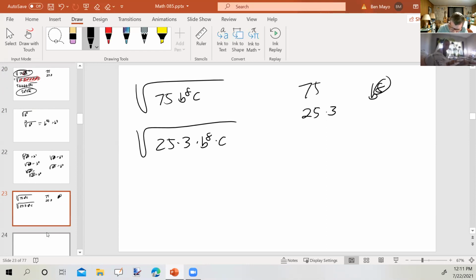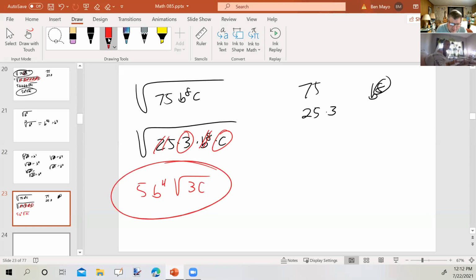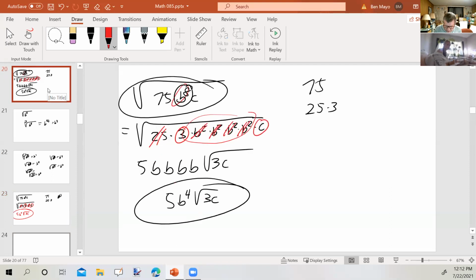Now, the square root of 25 is 5 on the outside. The square root of 3 doesn't go anywhere. The square root of b to the 8th is b to the, what's 8 divided by 2? 4. And the c doesn't go anywhere. So I get that. That's the streamlined process of what I did way back up here.